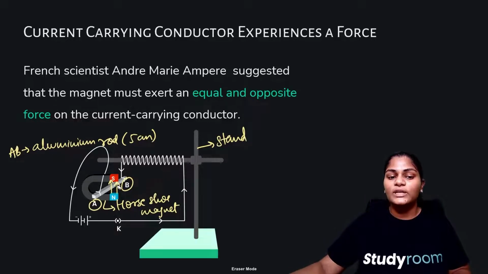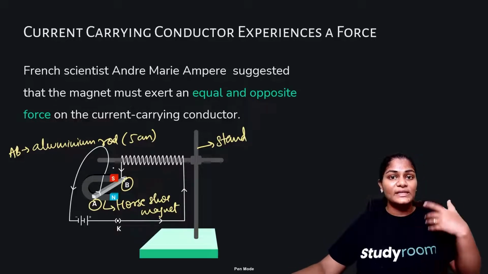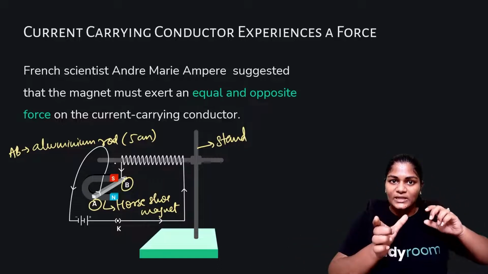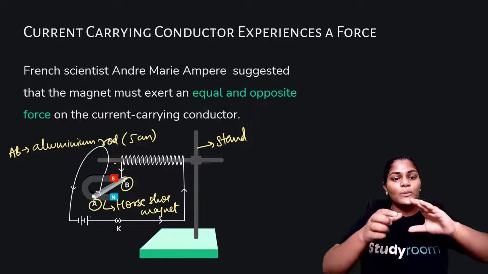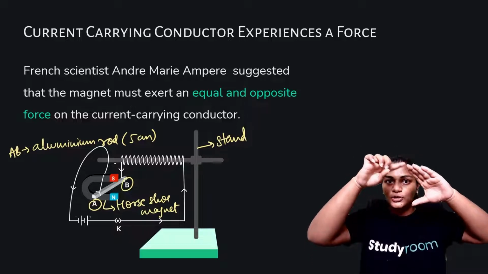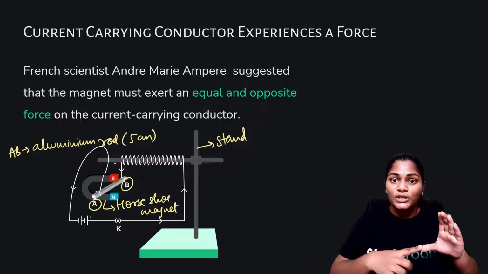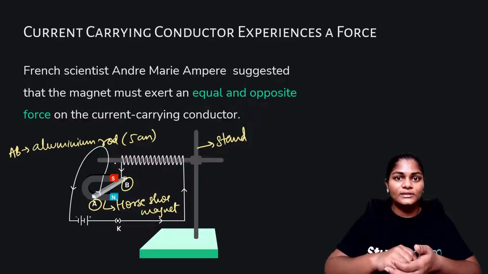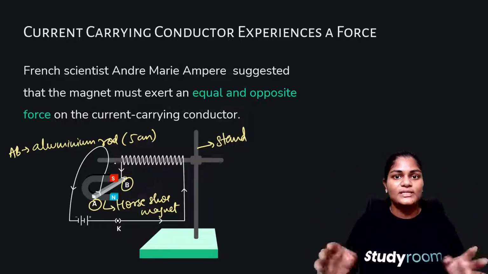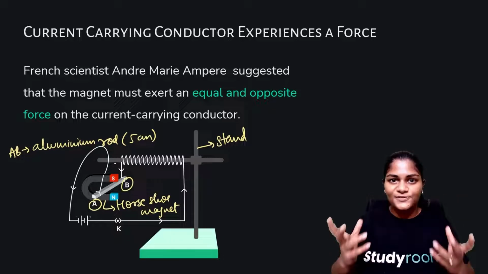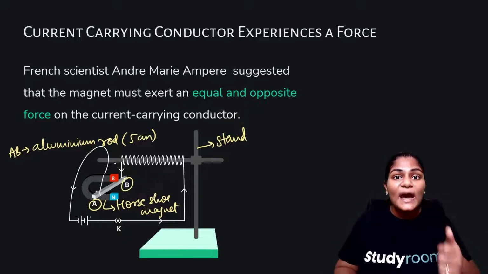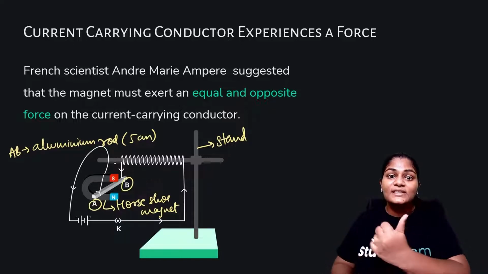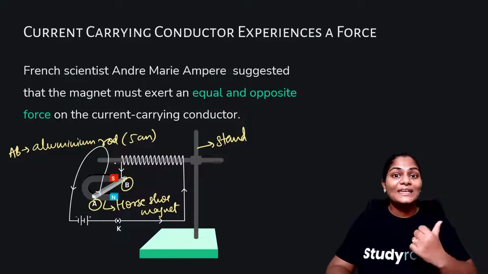So what was experimentally seen was, when this rod AB is placed between the horseshoe magnet such that the south pole is on the top and north pole is at the bottom, and we insert the key and the circuit is completed, that means current is flowing in the circuit. So what happens is that this rod AB is displaced towards the left side.